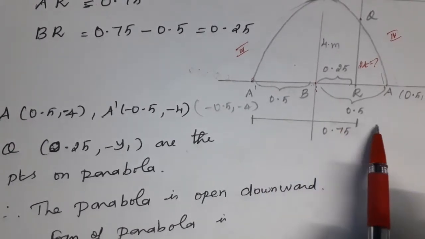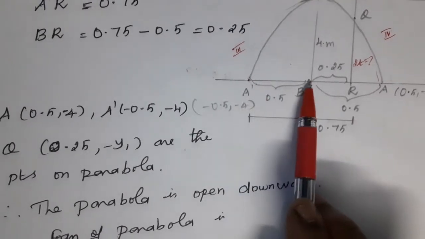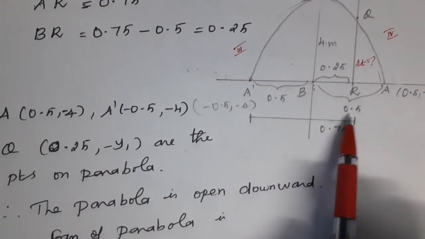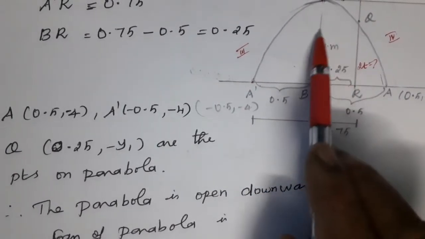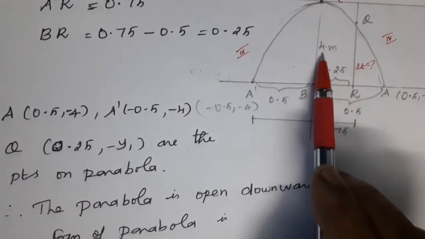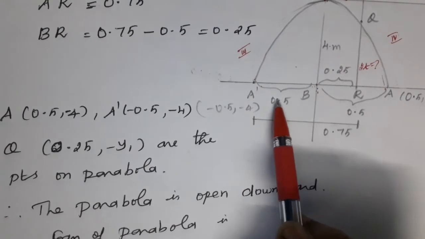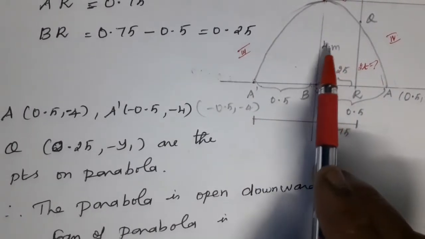Find the height of the water at the horizontal distance of 0.5. This is A dash B, 0.5 meter, but we are going to find the height of the waterfall. The height of the waterfall is 4. The book itself gives it, the question itself gives it. At a horizontal distance of 0.5 meter, the height of the waterfall is 4 meters.